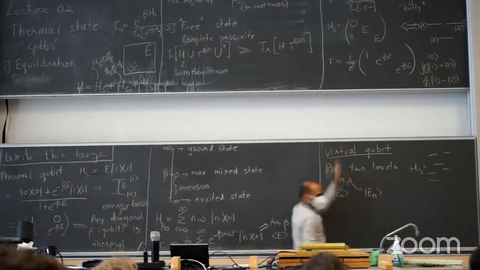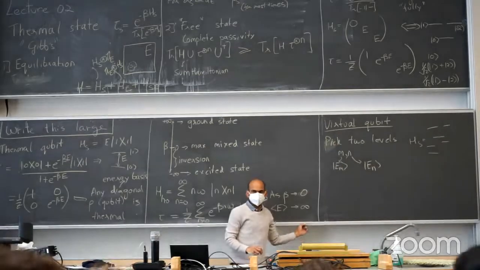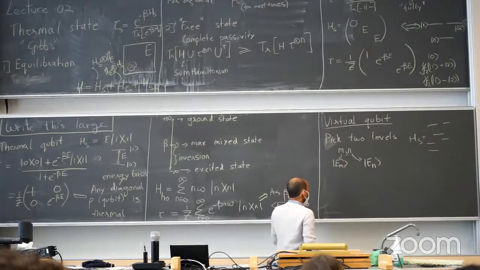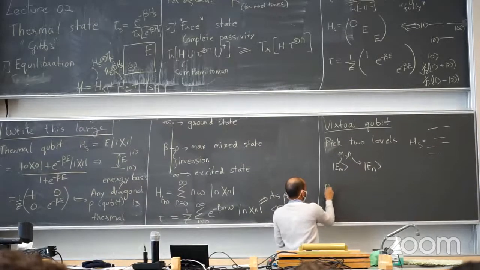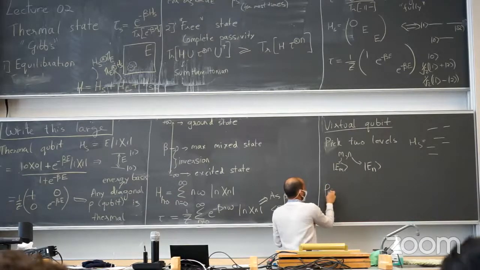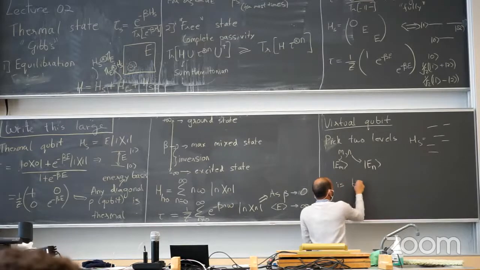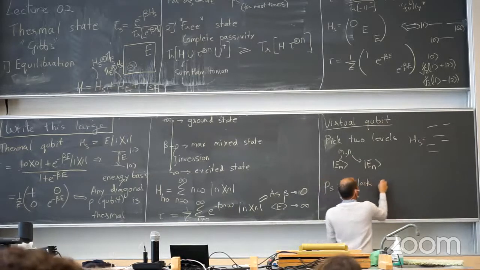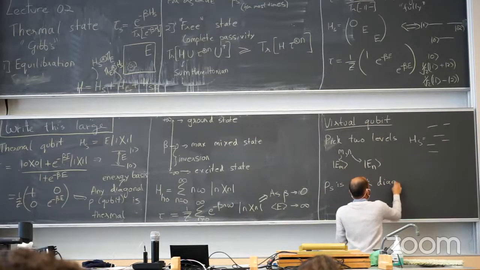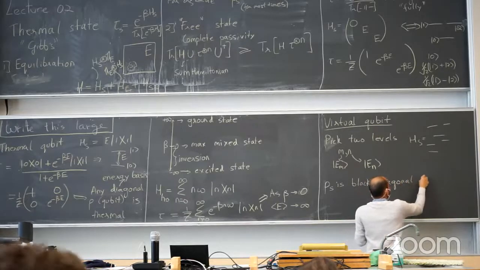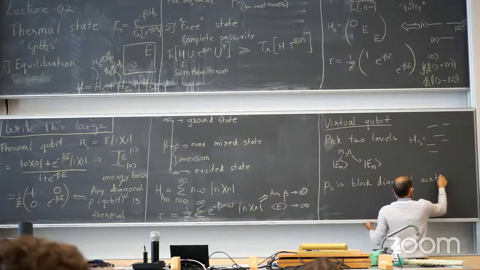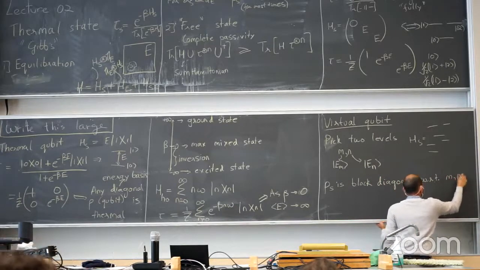So I've just picked two energy levels. And now I'm going to say, well, I'm going to take that rho of the system. So my density matrix of the system is block diagonal with respect to M and N.